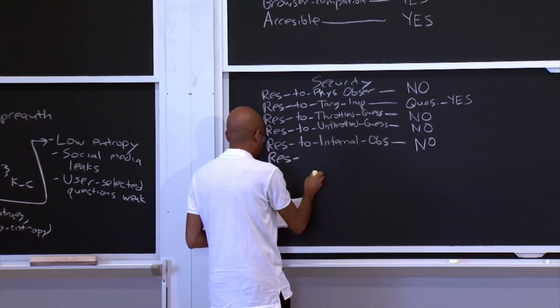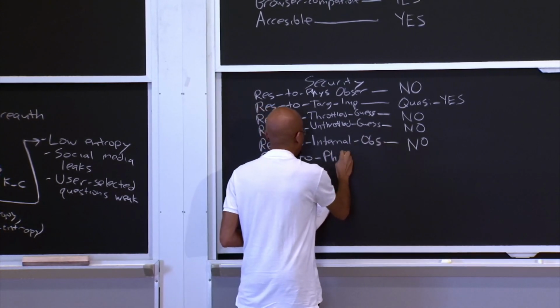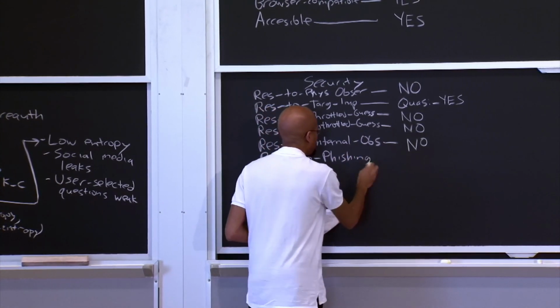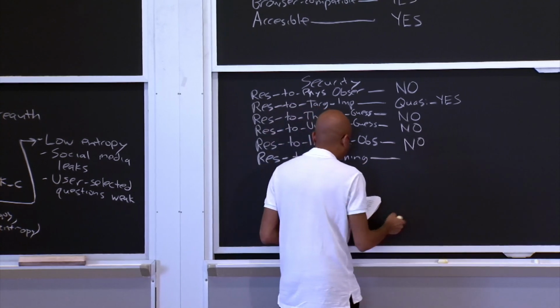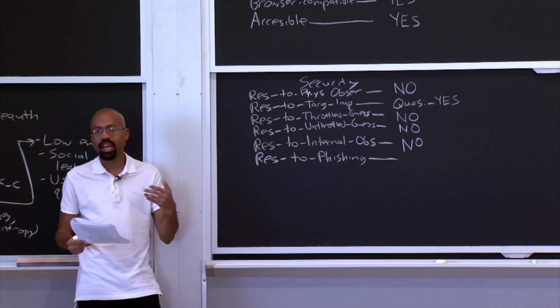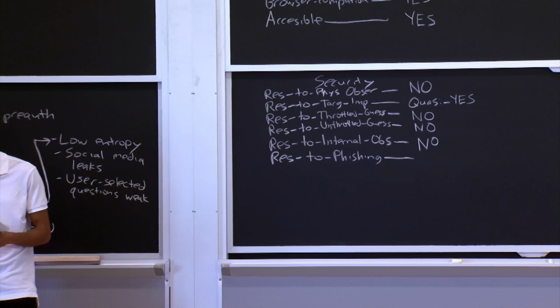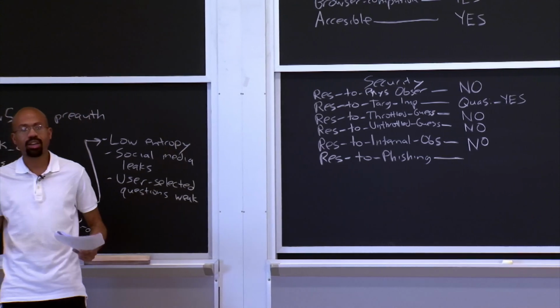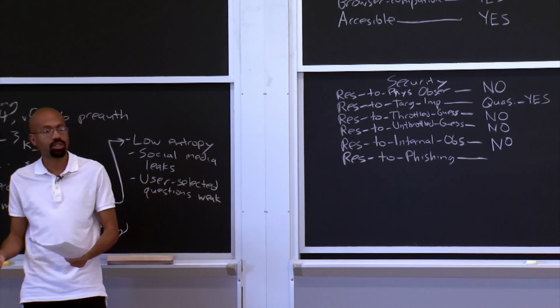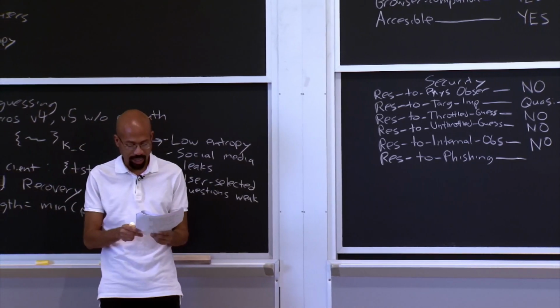Another thing that we've talked about a little bit in this class, phishing. So resilience to phishing is another security metric. And the basic idea here is that if the attacker can simulate a valid service, for example, by attacking the DNS infrastructure or something like that, then the attacker cannot collect credentials from the user that the attacker can then use to pretend to be the user later on.